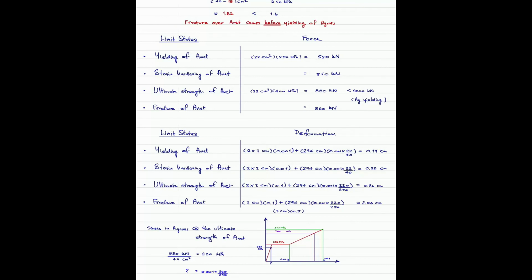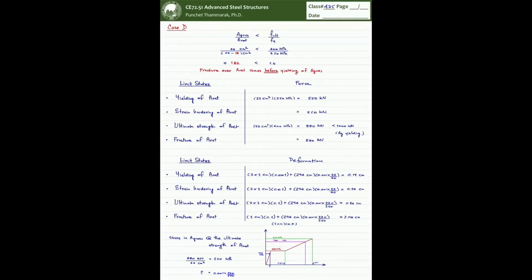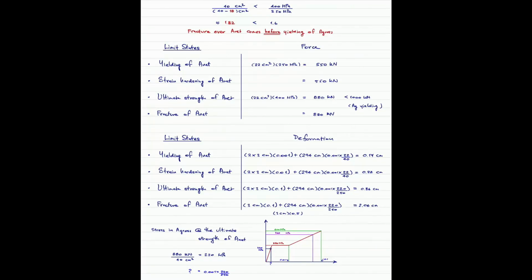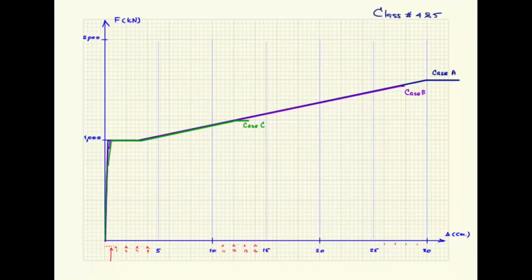Wow, 9:50 already. So bring them all there. 550 and 880, okay. So what I need, 0.17, 0.22.